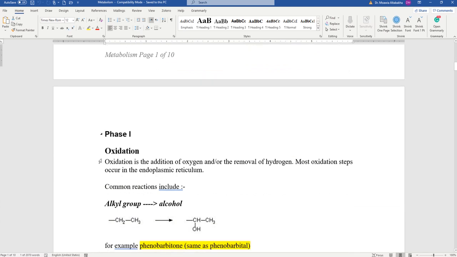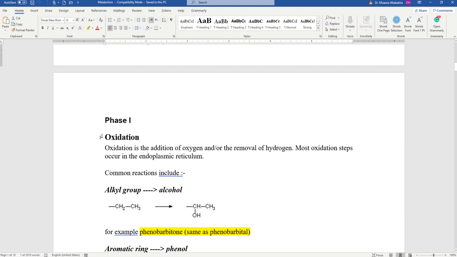Of course, phase 1 reaction, oxidation. I want you to know that the main enzyme system in phase 1 reactions is cytochrome P450.